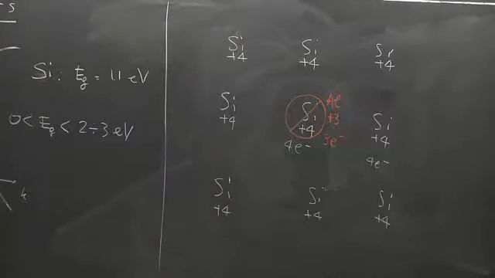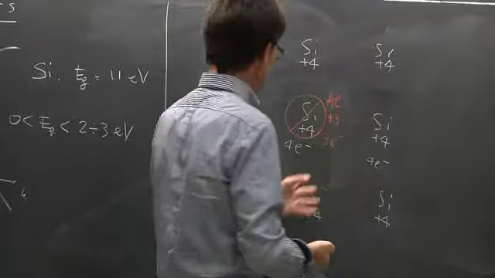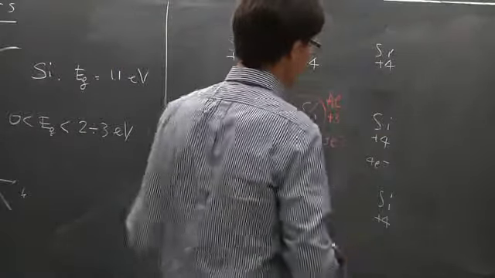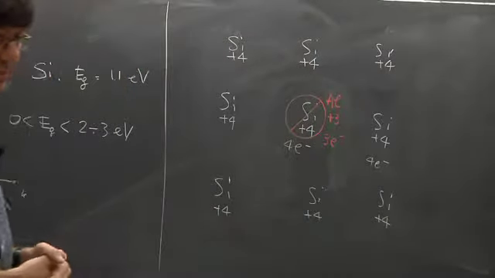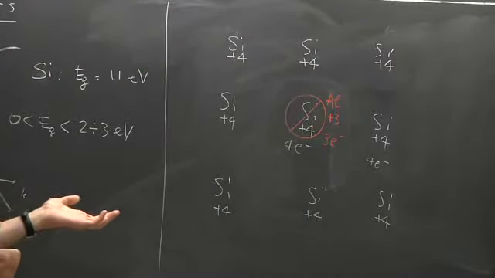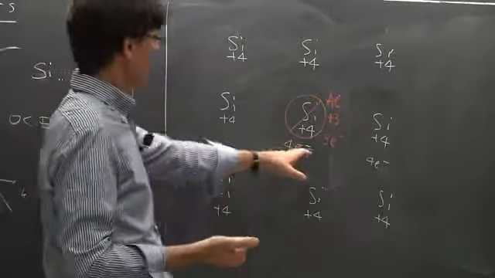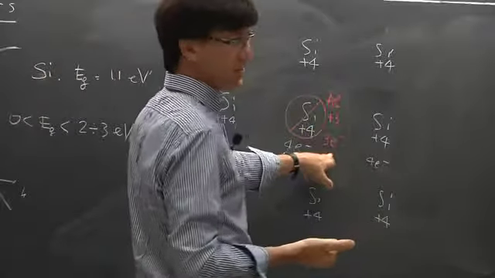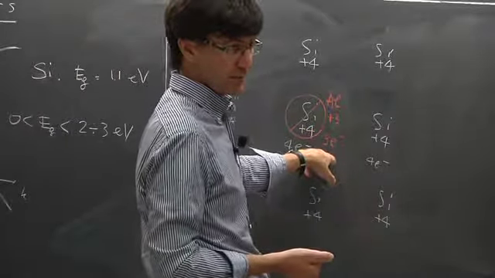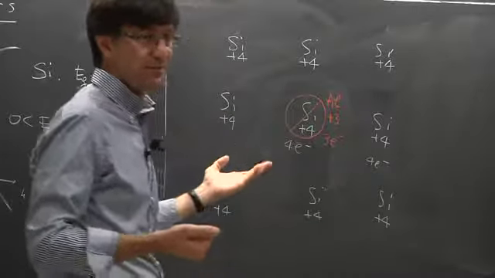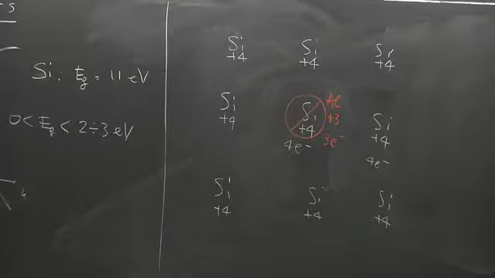Now, we could, of course, try to solve the problem of an aluminum atom embedded into an infinite crystal of silicon. But of course, we wouldn't be able to use Bloch's theorem any longer because we've lost completely periodicity if we introduce an impurity. So the theory of impurity states, unfortunately, cannot make direct use of Bloch's theorem because we break the periodicity.